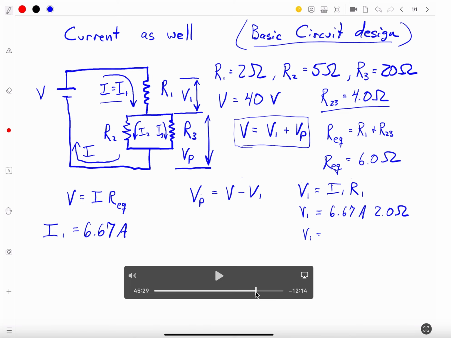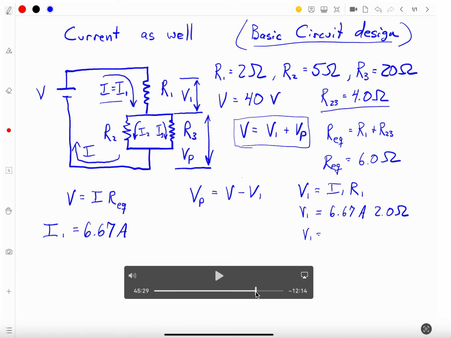VP is. So we've got a voltage drop across R1, which is V1. I show those to the right of the circuit. And across R3 and R2, we have the voltage drop of VP, for parallel voltage drop.